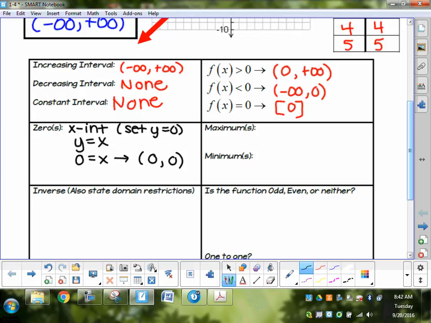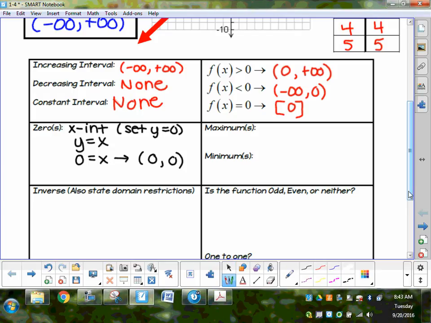Now, another one: maximum values. That brings us to a good question. When we say our maximum is infinity, I always say, give it the apples test. You have infinity apples?